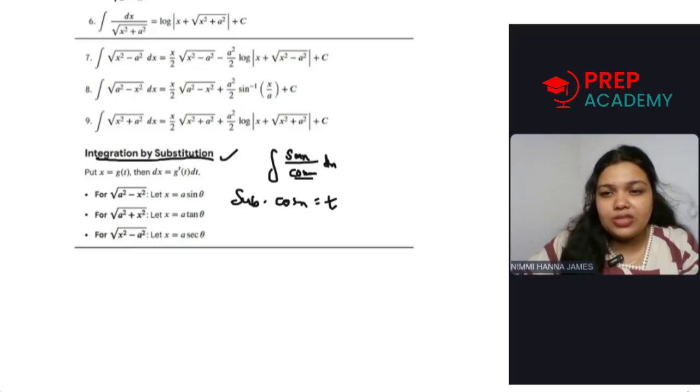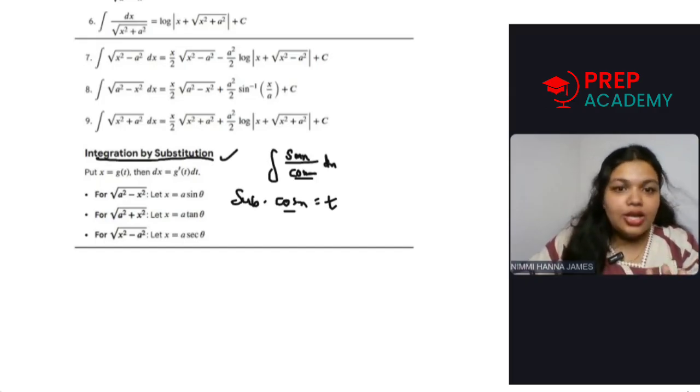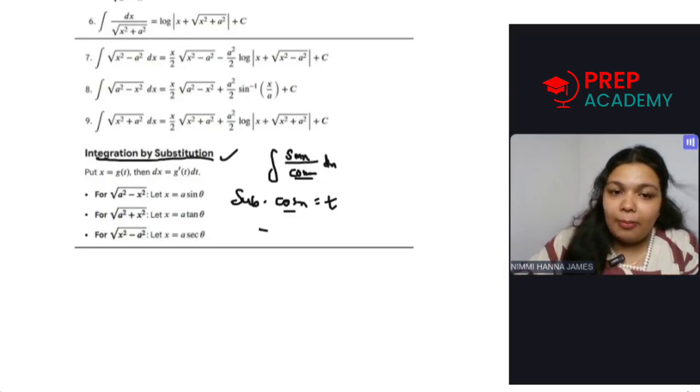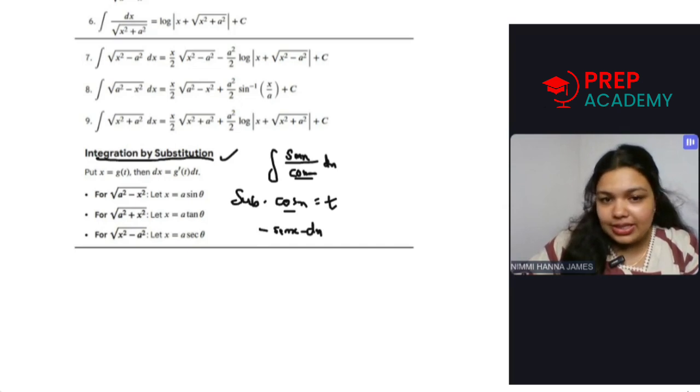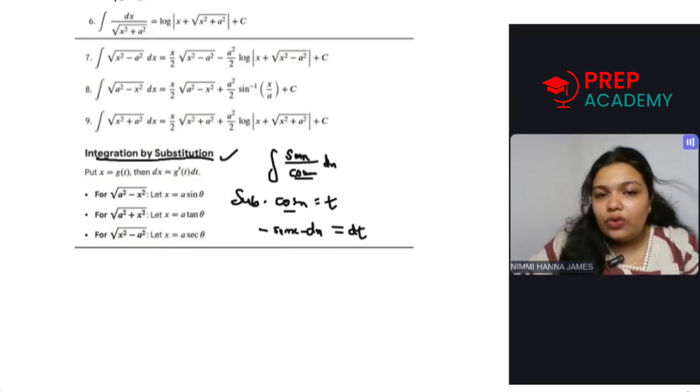After substituting, the second step is to differentiate. The differential of cos x with respect to x is minus sin x dx, which is equal to the differential of t, which is dt. That's how we get it.